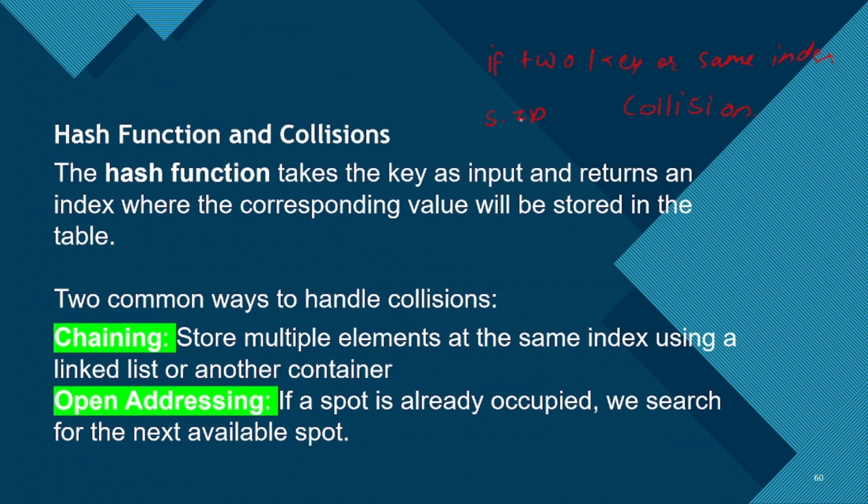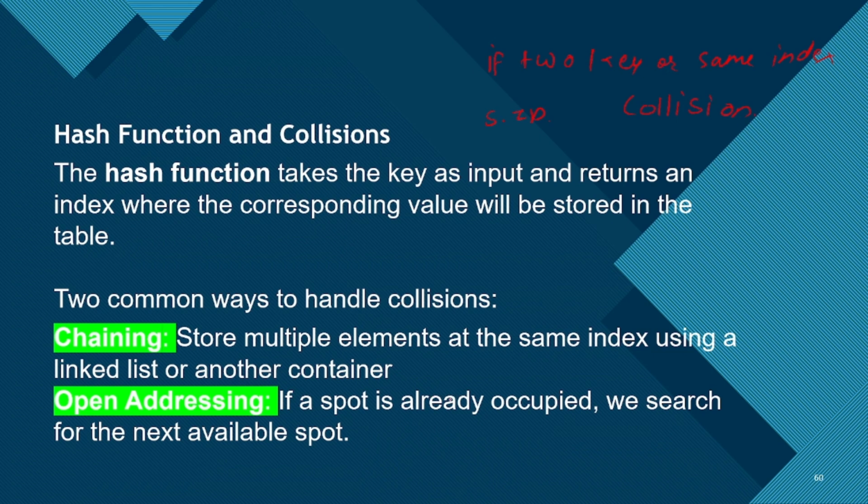Basically there are two common ways to handle collision. The first one is chaining, which stores multiple elements at the same index using a linked list or another container. The second one is open addressing. If a spot is already occupied, we search for the next available spot.